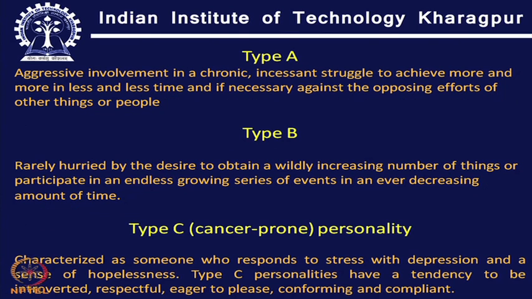Next, we will discuss certain behavioral types which are type A, type B, type C, type D and type E types of personality. Type A people are aggressively involved in a chronic, incessant struggle to achieve more and more in less and less time, if necessary, against the opposing efforts of other things or people.